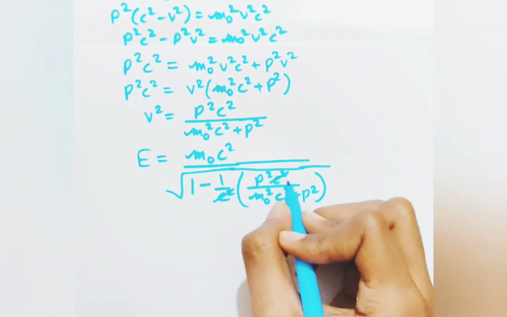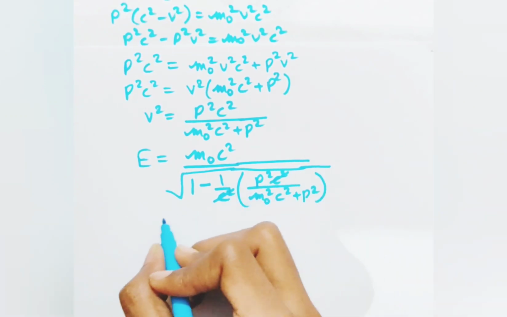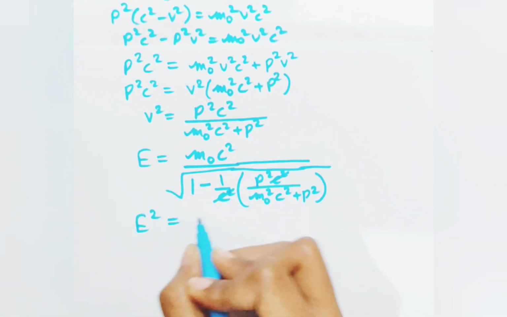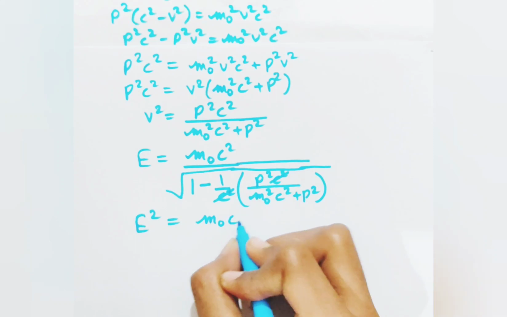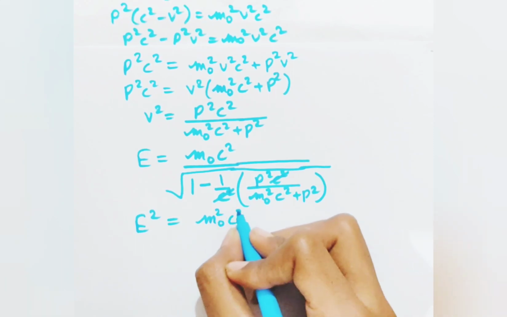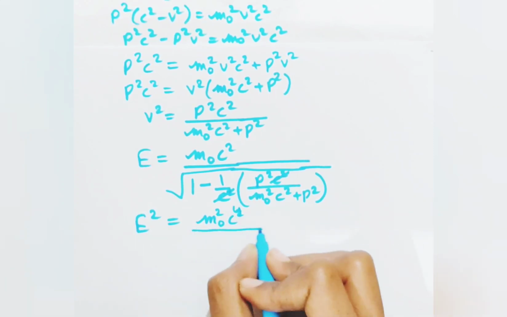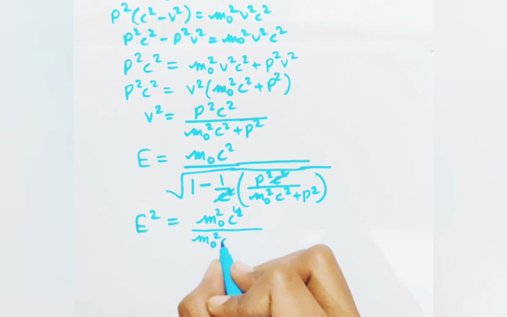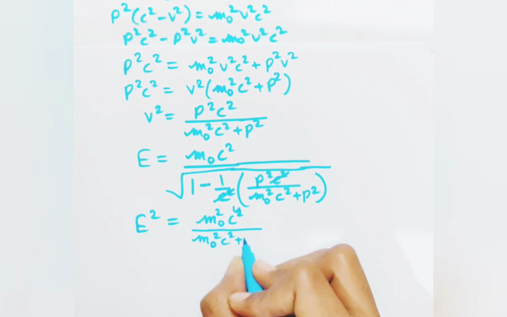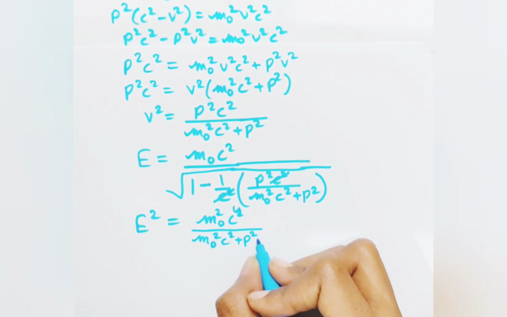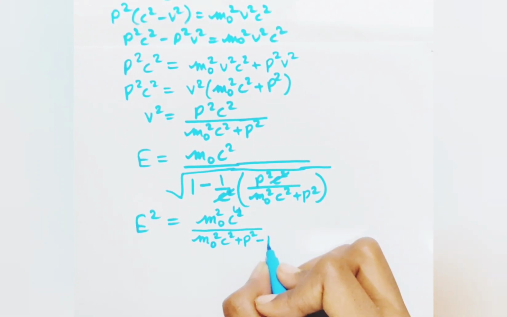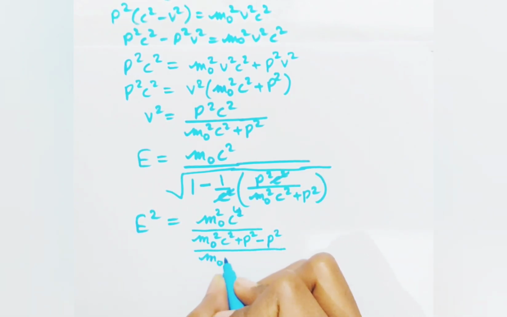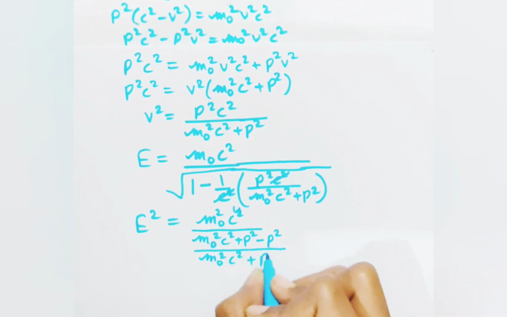We can cancel out c squared and c squared and square both sides to get rid of the square root term. M naught squared c to the power of 4 divided by (m naught squared c squared plus p squared) minus p squared divided by (m naught squared c squared plus p squared).